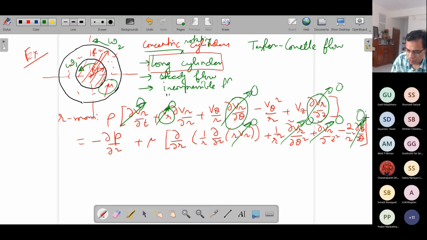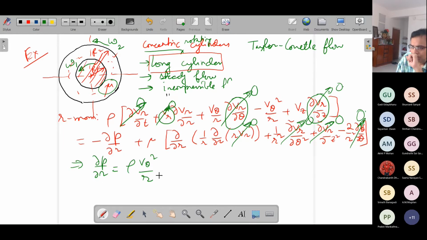And this term, theta dependence is not there, so this is 0. So from here, we get the pressure gradient along the R direction is equal to rho into V theta square by R. If you have a curvature in the streamlines, you will have a V theta component, and this will give a radial pressure gradient across the streamlines.